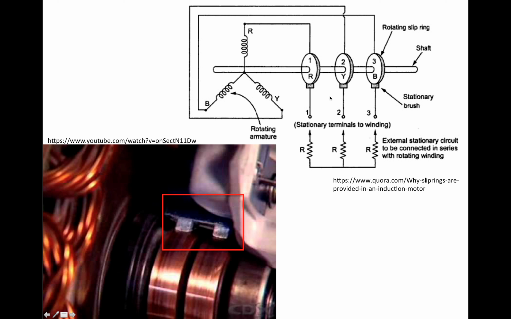Those stationary brushes are then connected to an external stationary circuit, so the external circuit doesn't have to rotate together with the rotor. If we don't want to connect an external circuit to the rotor, those slip rings can be short-circuited by using a metal collar.